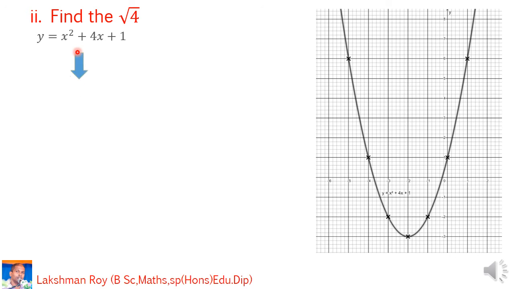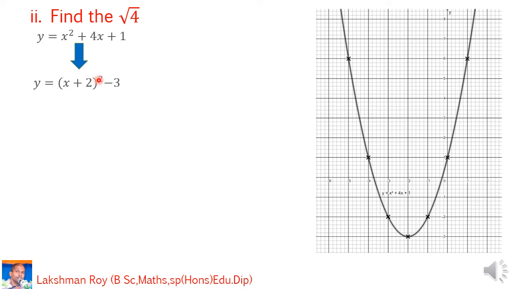Here it was not mentioned, so I directly write the square part: (x plus 2) squared minus 3. This is the form you have to make for any quadratic function to find a square root. That is easy.